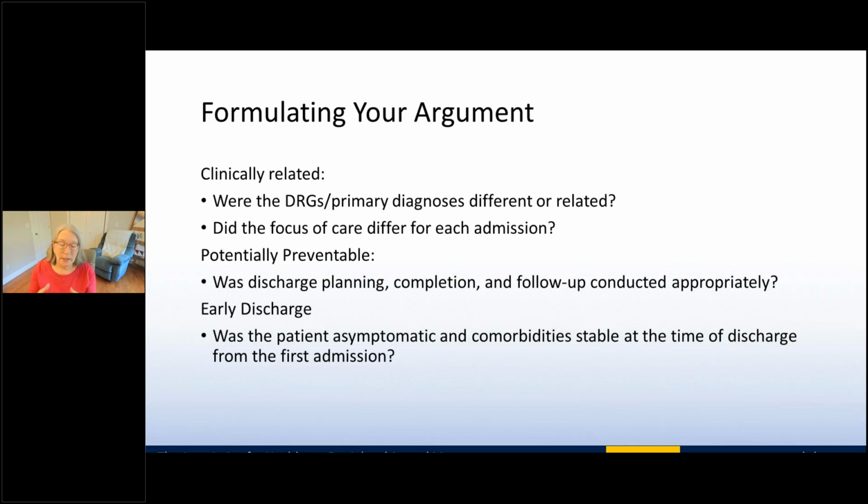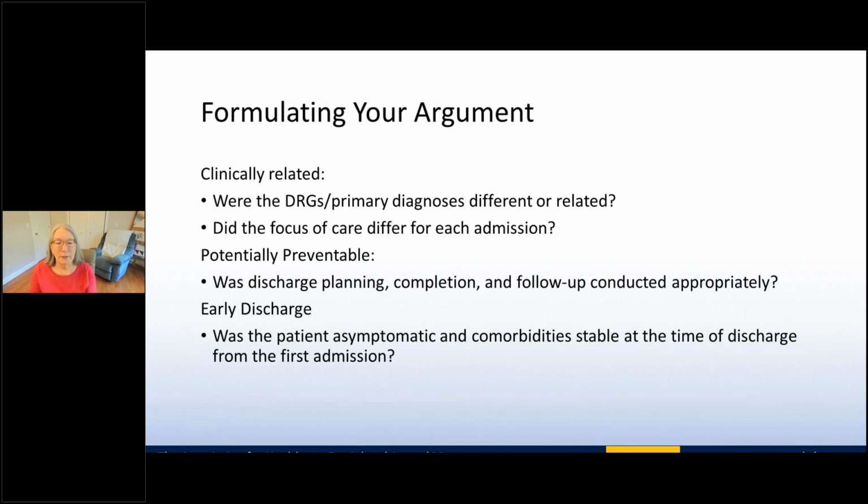So what I'm saying is, for your argument, you can argue that these were entirely different DRGs. Not sure why you're even looking at this, because it's not a similar presentation. Even if the DRGs are the same or very similar, did the focus of care differ for each admission?